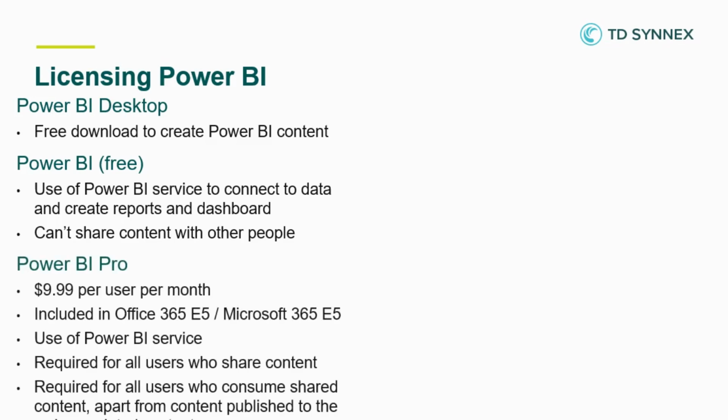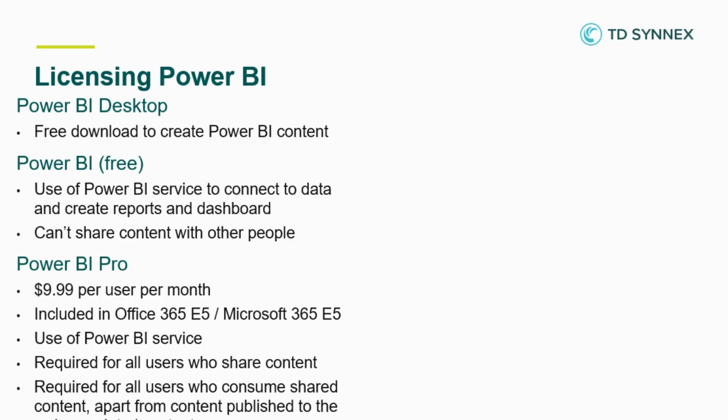And then we have the Power BI Pro license, which is licensed via a user subscription license. So there is a monthly cost per user, and it is available as a standalone license, but is also included in the Office 365 E5 and Microsoft 365 E5 licenses. And this license is required for users who are going to be sharing content and also for those who consume the shared content.